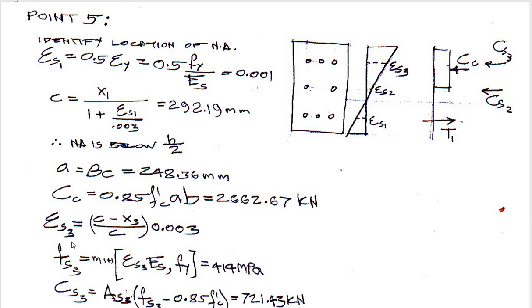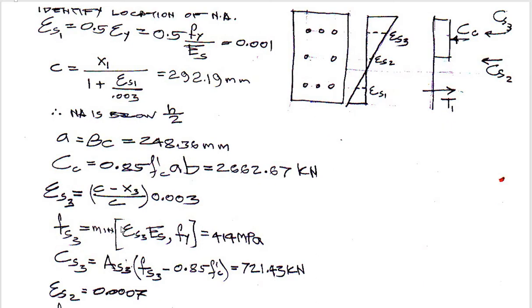And we now go to compression steel 3. First, you have to check your FS3. FS3 is taken from strain in steel 3, which is this equation. And then, you multiply strain in steel 3 by elasticity. That is probably greater than Fy. So, you compare this with your Fy.